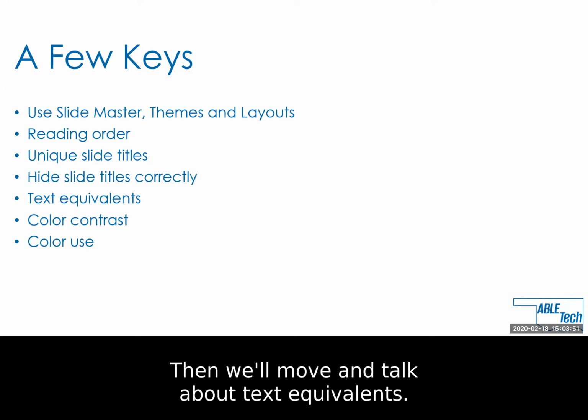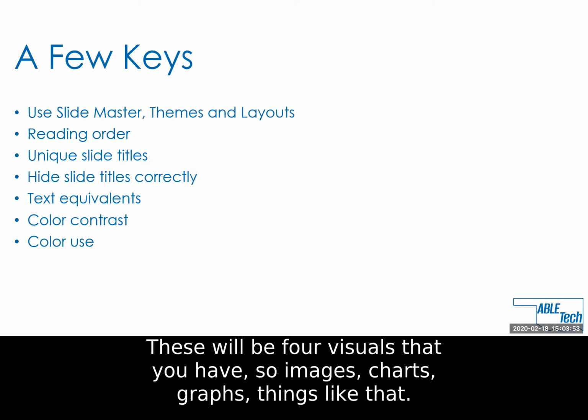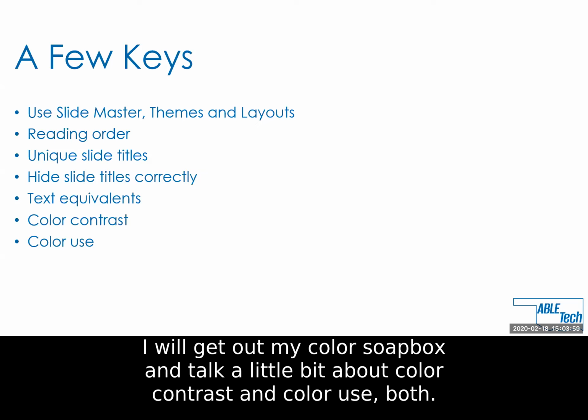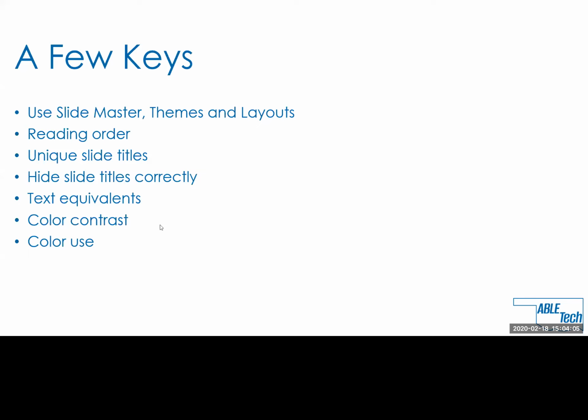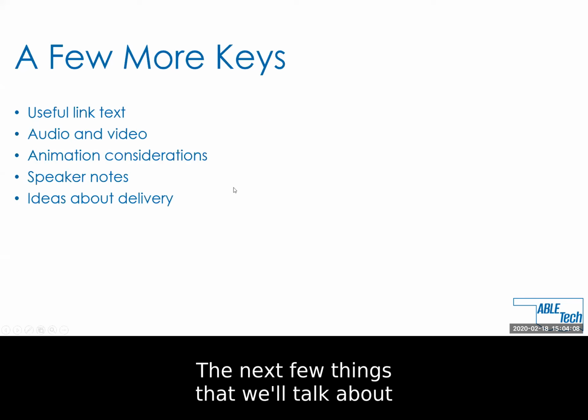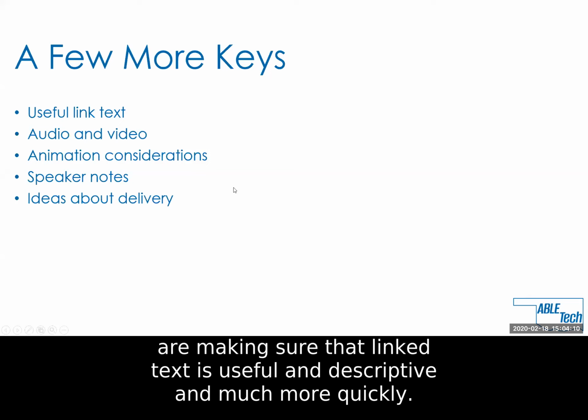Then we'll move and talk about text equivalents. These will be for visuals that you have, so images, charts, graphs, things like that. And I will get out my color soapbox and talk a little bit about color contrast and color use, both. The next few things that we'll talk about are making sure that link text is useful and descriptive.